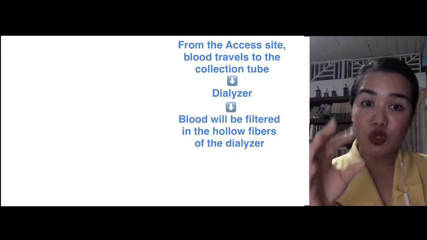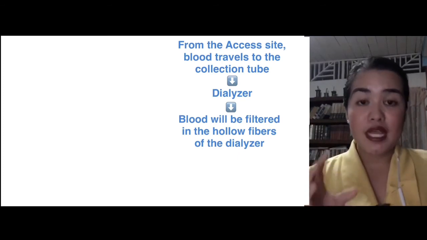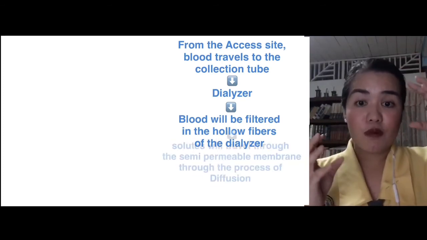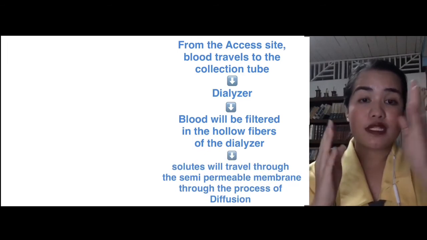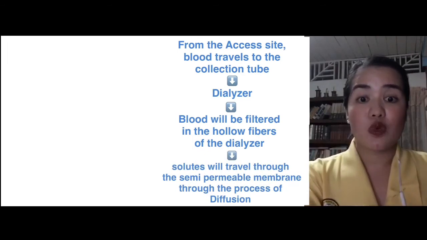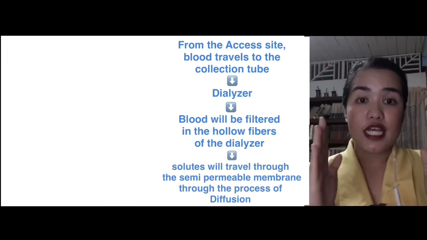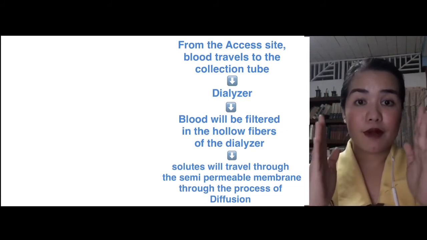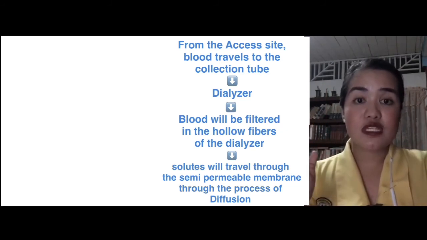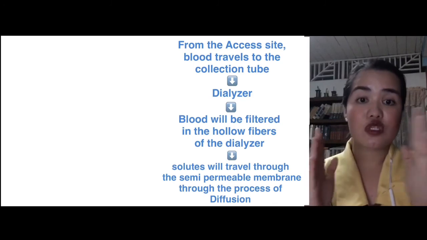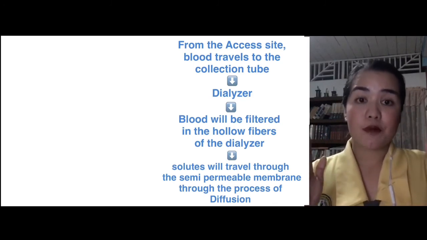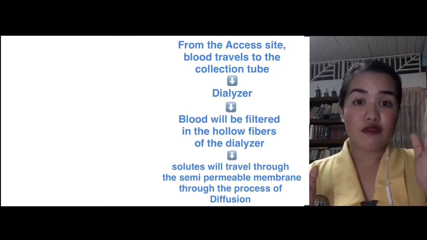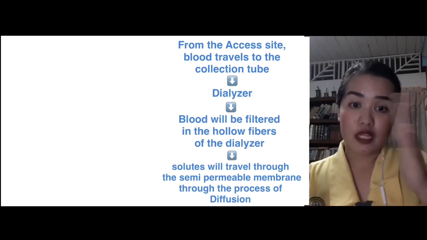And with the process of diffusion, the small molecules, the toxins, will travel through the small pores of the walls of the dialyzer that serves as a semi-permeable membrane. It only allows the toxins, water molecules, to pass through it through the process of diffusion and ultrafiltration in the case of water molecules.